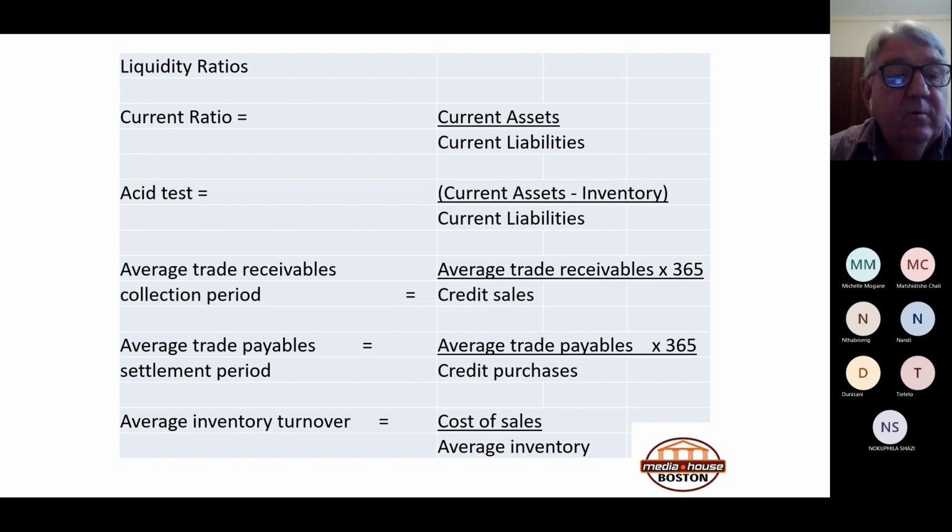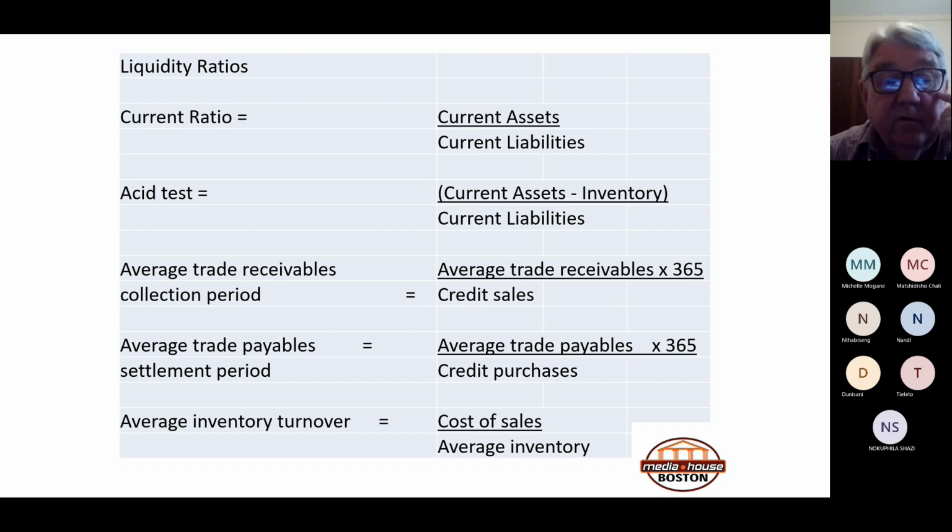Then we have what is called our average inventory turnover. What we mean by that is how often do you replace your stock that's on your shelf? That's in simple terms. So if you think about Pick n Pay, there's a tin of baked beans on the shelf. This turnover tells you how often they put a new tin on the shelf. Obviously this is for the total of stock, at cost.